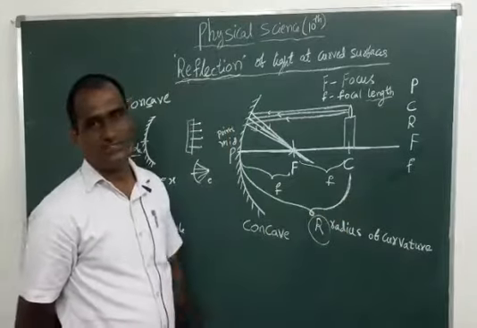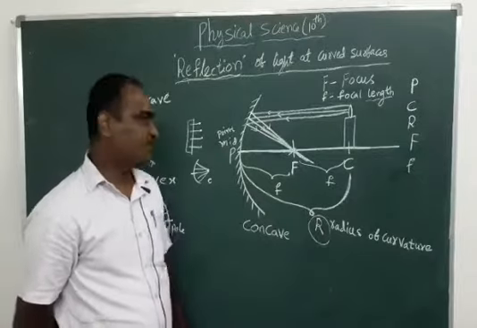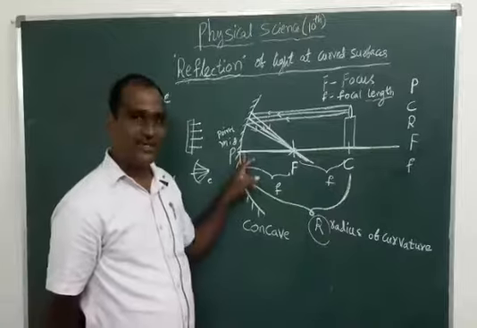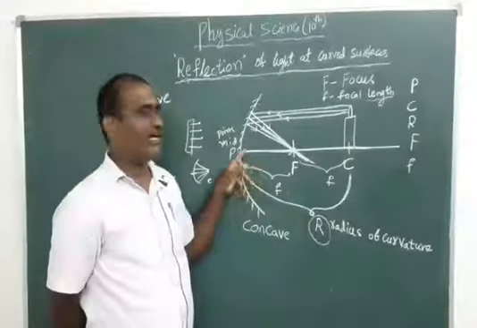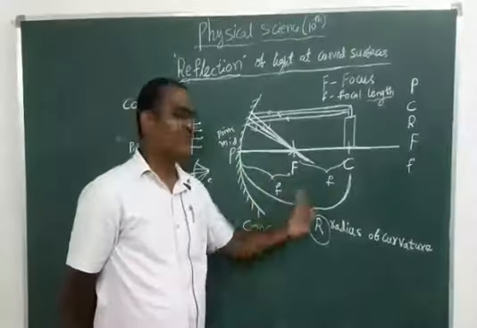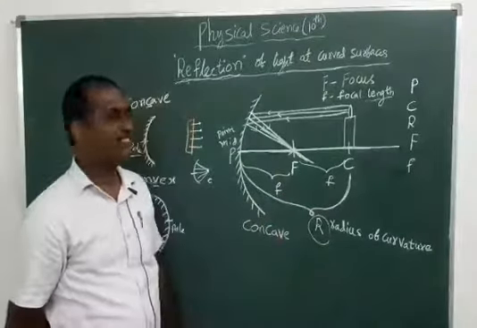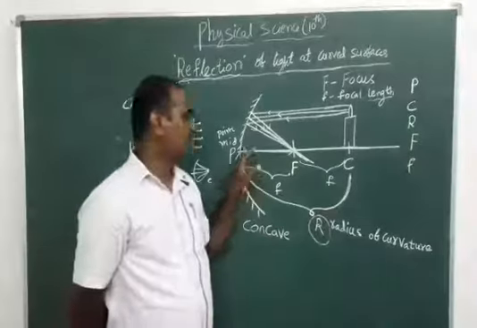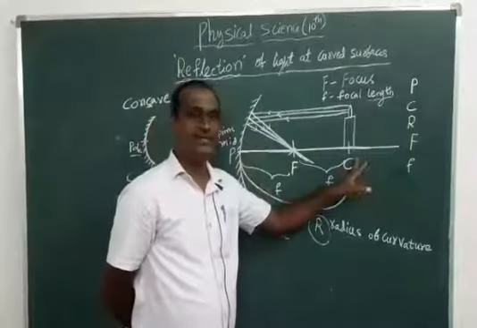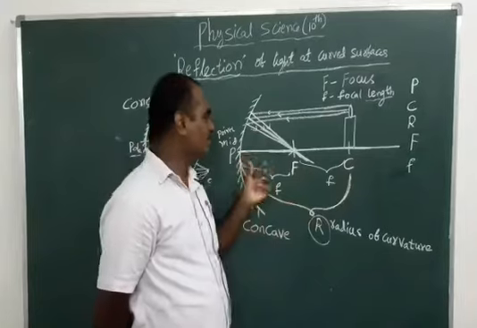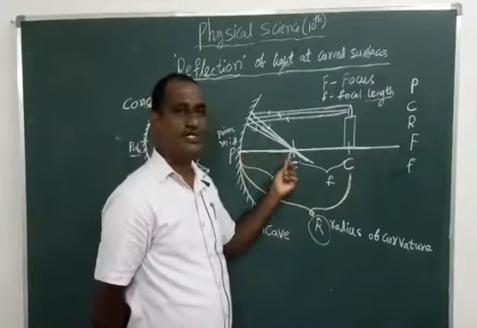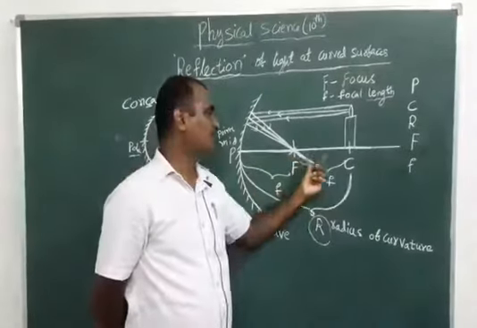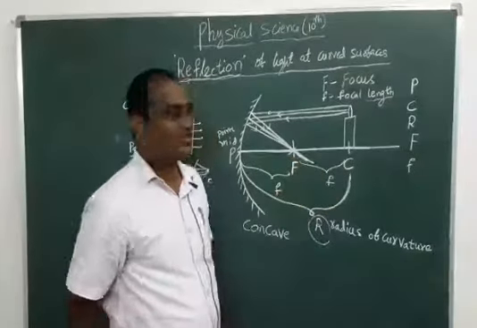These points are very, very important. If you observe one thing, in the radius of curvature there are two focal lengths. What is radius of curvature? The distance between pole to center is called the radius of curvature. In that only, pole to focus is one length, and it is equal to focus to center of curvature.